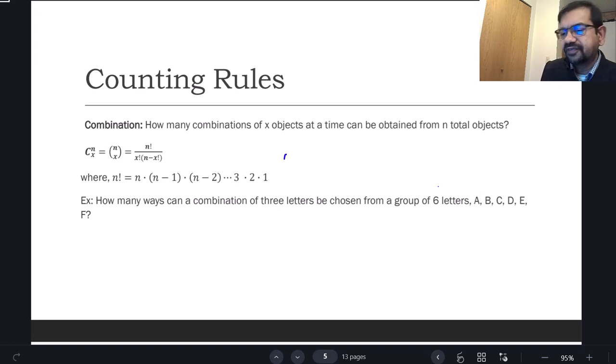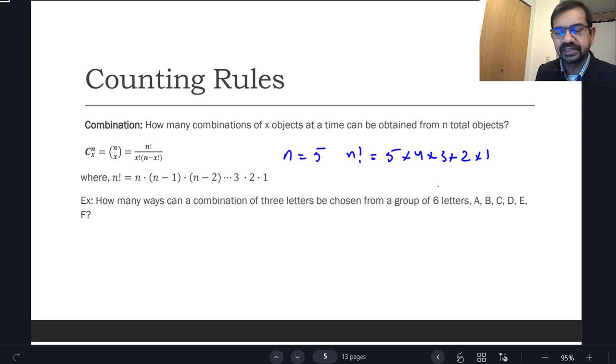So for example, if n equals 5, n factorial is 5 times 4 times 3 times 2 times 1. So 5 times 4 is 20, 20 times 3 is 60, 60 times 2 is 120, times 1. So this will be 120. And this is an important, useful formula for counting.